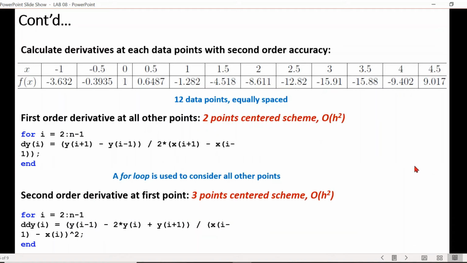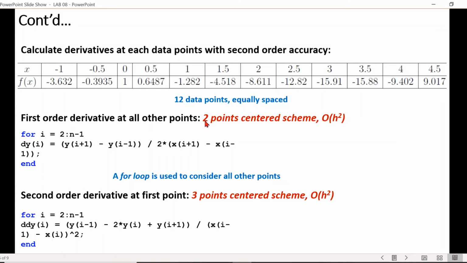To calculate the derivatives at all other points in between the first and last points, we can create a simple for loop in MATLAB to represent the derivatives as well as respective data points and function values.